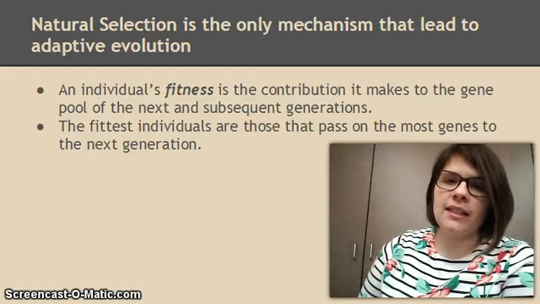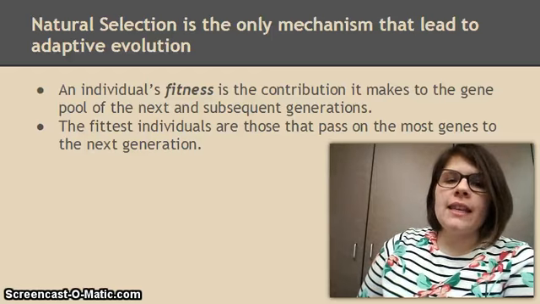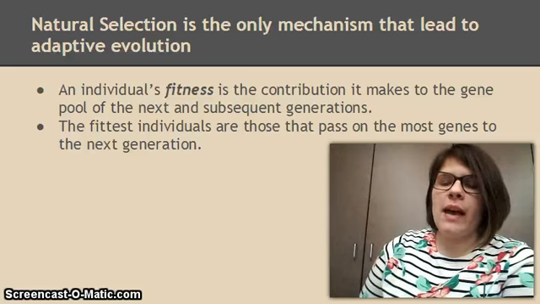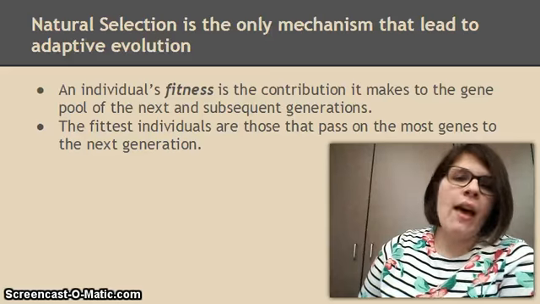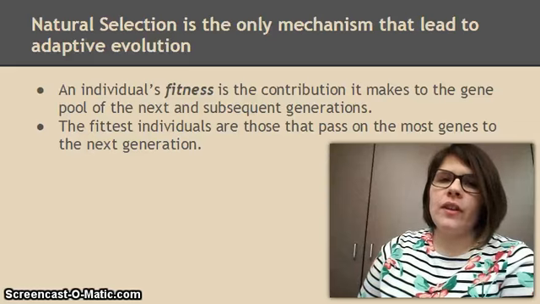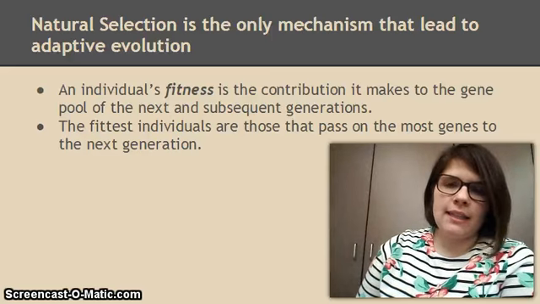How well are you passing on your traits? If you cannot pass on, no matter how many muscles you have, how much weight you can lift, how far you can run, you are not fit for evolution. Evolution cannot occur with you because you cannot pass on your genetics. Plain and simple.